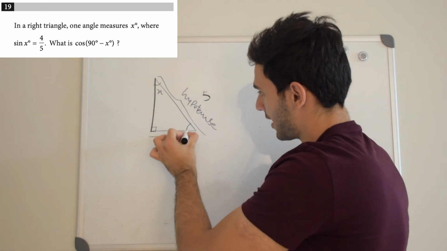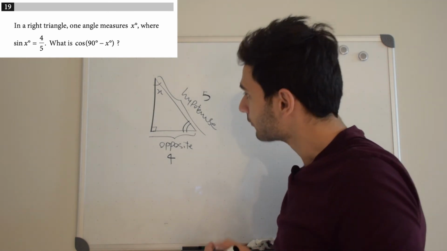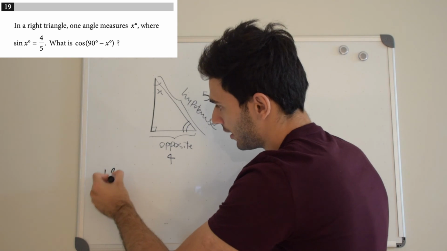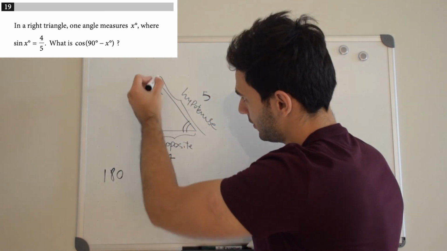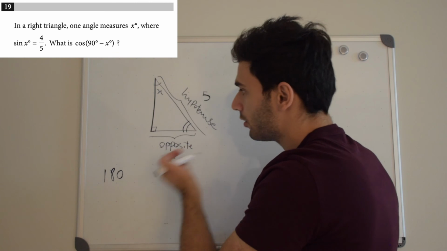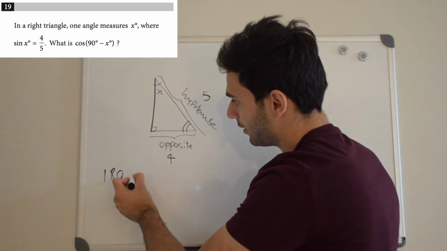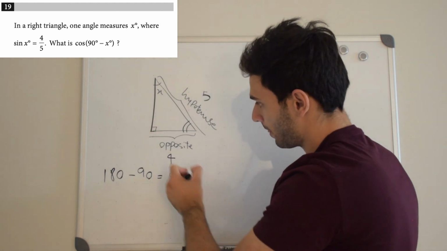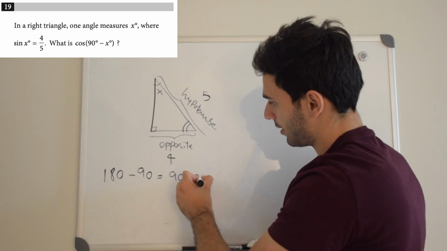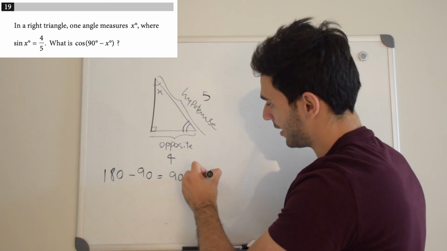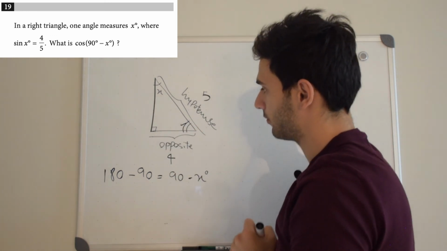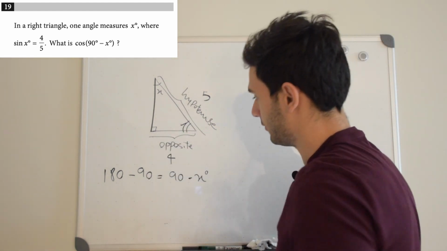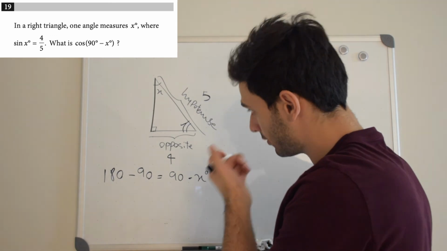So what is the cosine of 90 minus x? 90 minus x is actually this angle. Why? Because in a triangle, if you add all 3 angles, it is 180 degrees. So in the right triangle we have 180 minus 90 because it's right, so here is 90 minus x. So 90 minus x is actually this one. So we just need the cosine of this angle. And what was the cosine?